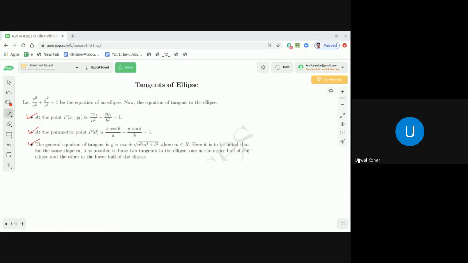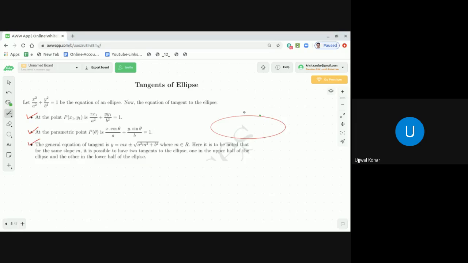So for that I need to take the image of an ellipse. Let me take the ellipse from here itself. Dear students, if you look into this ellipse, and we assume that the equation of this ellipse is x square by a square plus y square by b square equal to 1, let's take a point here at which we are drawing a tangent.